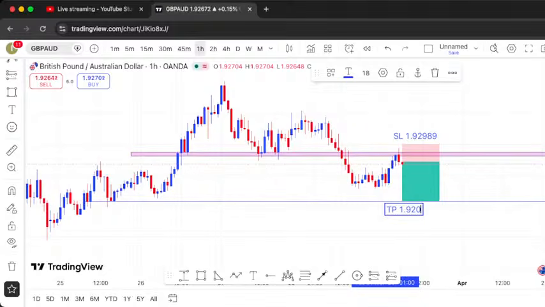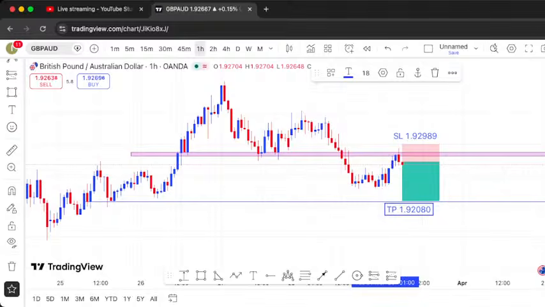So guys, this is an instant trade, an instant sales on GBP/AUD. If you have your account ready, go on your MT5, GBP/AUD. We're going to sell it right now. Make sure you have used proper risk management. Use a lot size that is okay with your account. Don't overdo.